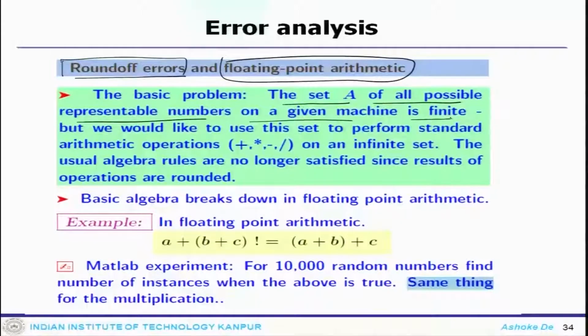The set of all possible representable numbers on a given machine is finite, but what we would like is to use this set to perform certain operations, like addition, subtraction, multiplication, division, on an infinite set. So, the usual algebra rules are no longer satisfied, since results of operations are rounded. This is where the problem comes.